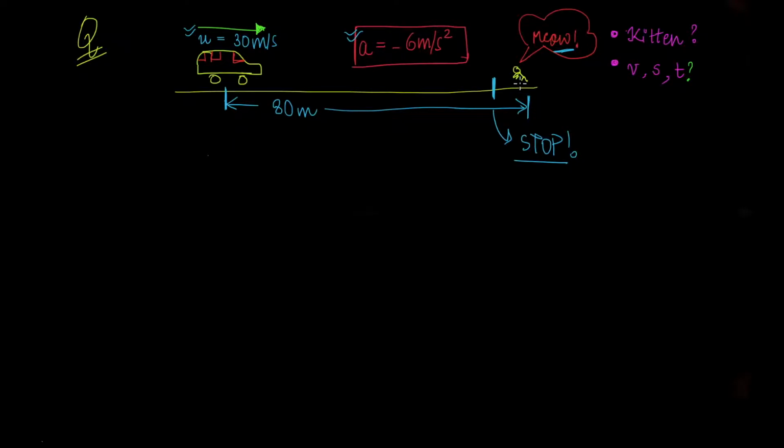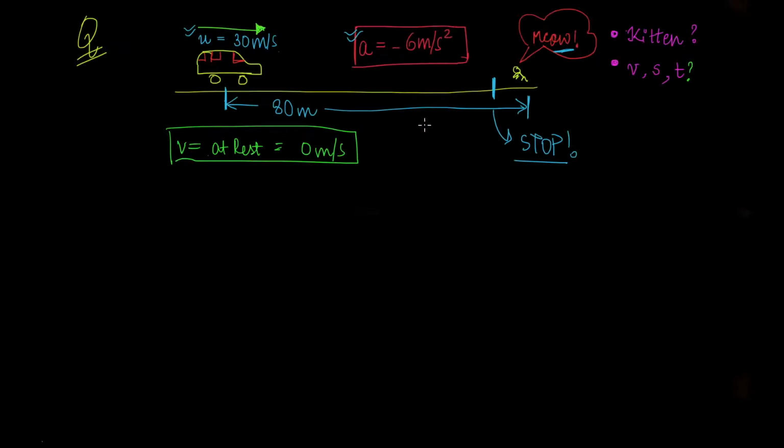Well, if the car is stopped, then the final velocity at rest would be 0 meters per second. The initial velocity, what we already know, is 30 meters per second, and the acceleration is negative 6 meters per second squared.